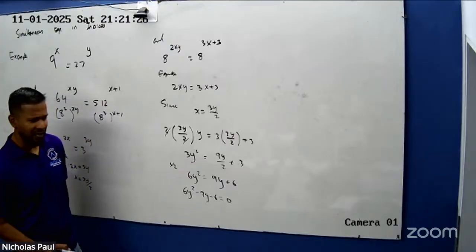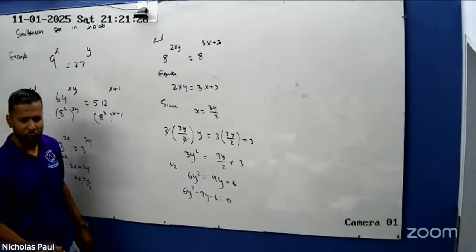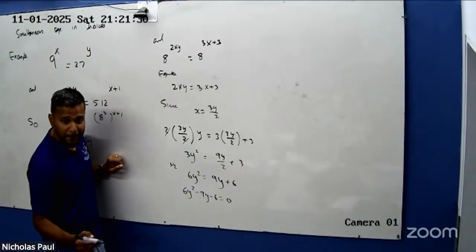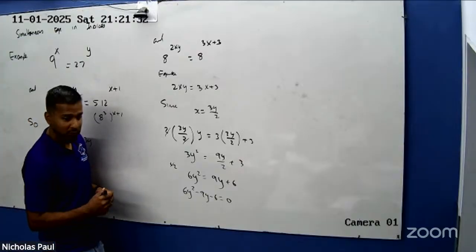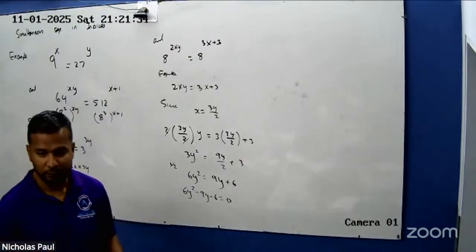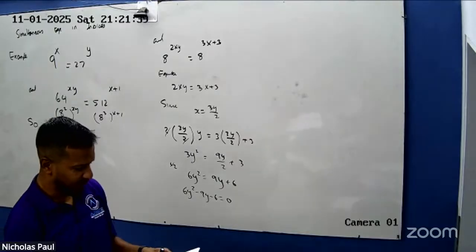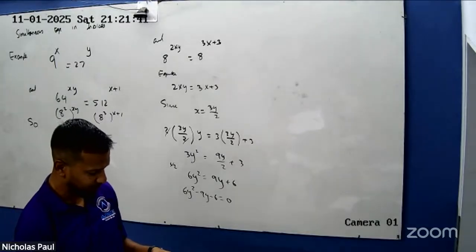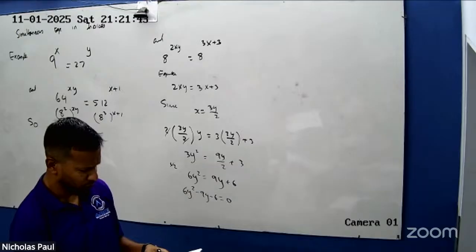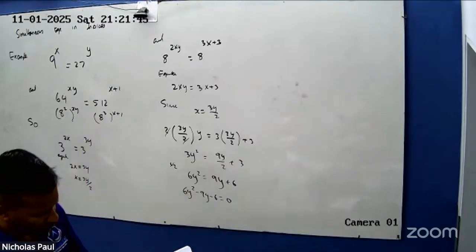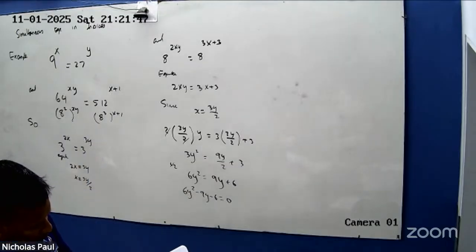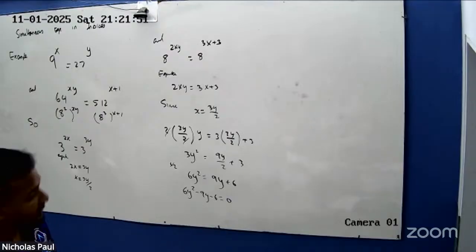Actually, no, it looks like you can't factorize. Because they have a 3 and 1. Yeah? Tell me. Why can't you just do this? What is this? Let me see. Yeah, it's just here.